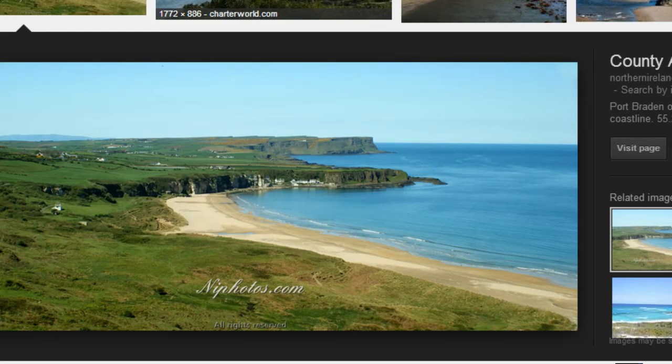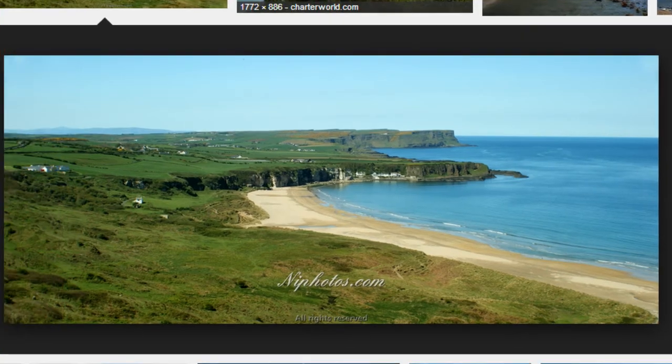Okay, there we go. Now, this actually comes up with fractals. This is Northern Ireland, so this is kind of cool. But anyways, fractals are the idea of self-symmetry, and they talk about a lot of stuff.